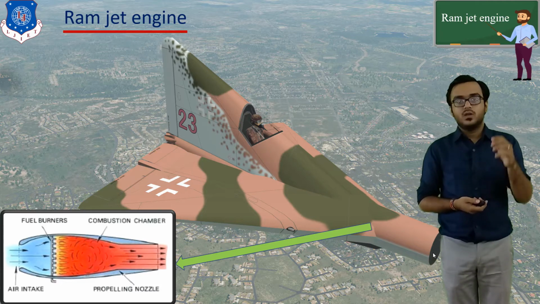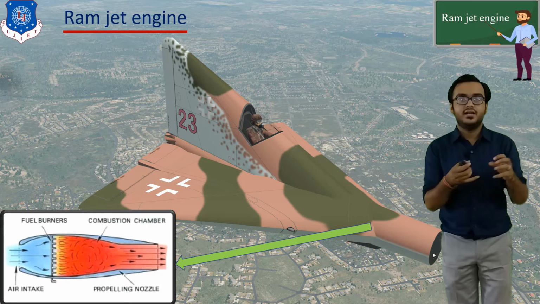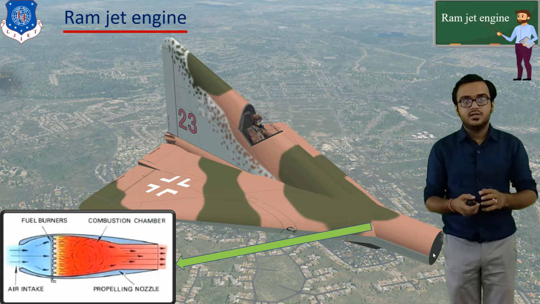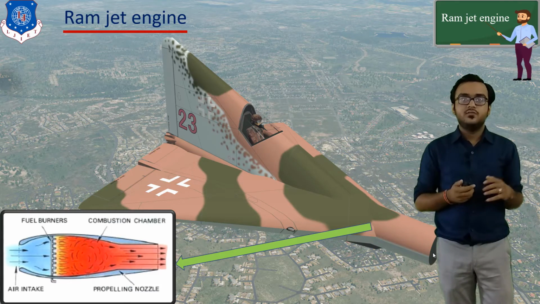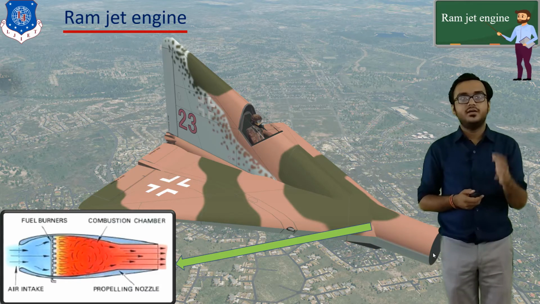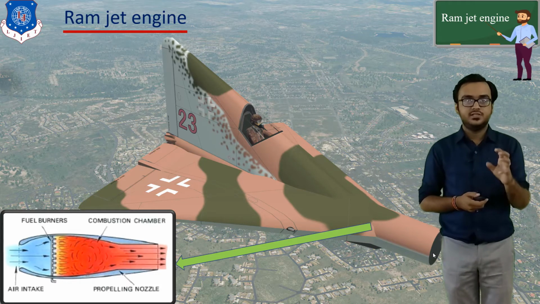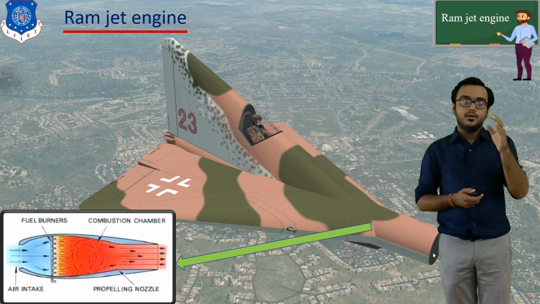So the fuel and the high pressure, high temperature air get mixed with each other, and because of the high pressure and high temperature, the combustion is initiated. After the combustion, we have extremely high pressure, high temperature gas. You can observe it in the line diagram, which I have marked with red color.